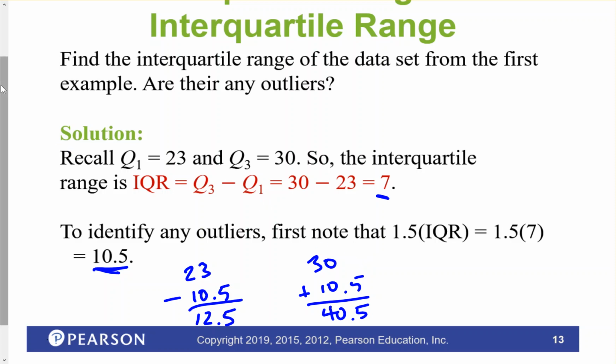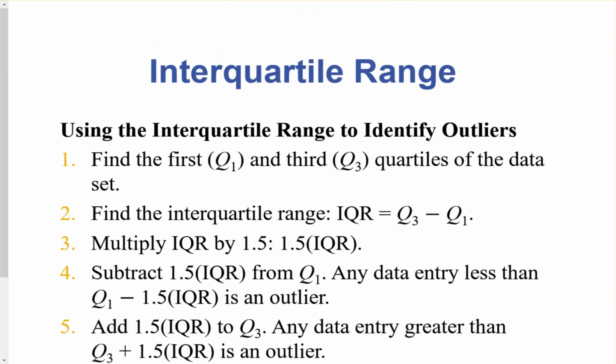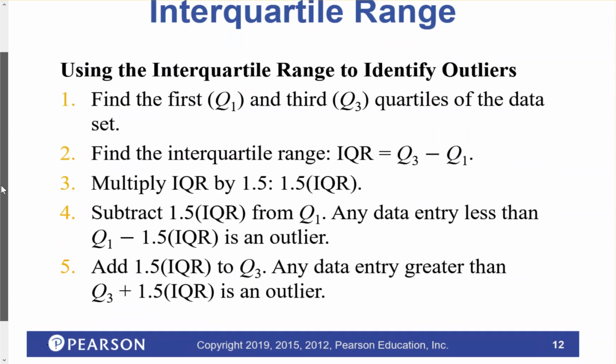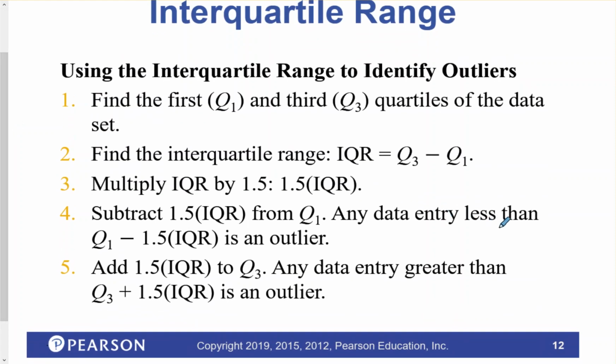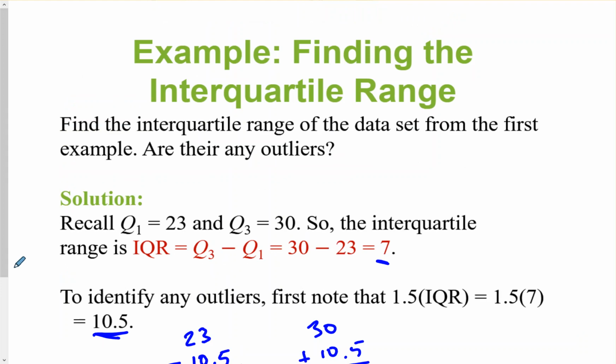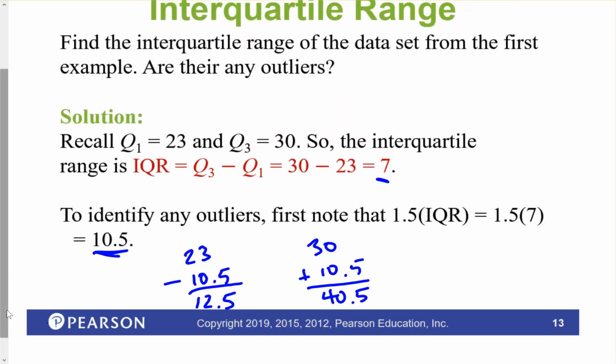Let's just recap what the rule was. Any data entry less than Q1 minus 1.5 times the interquartile range is an outlier. Any data entry greater than Q3 plus 1.5 times IQR is an outlier. So any data entry less than 12.5 is an outlier.